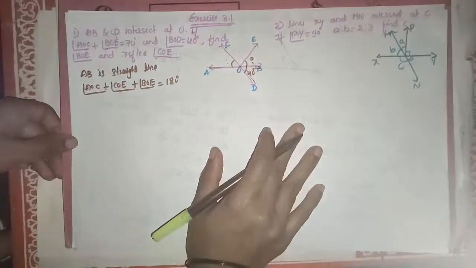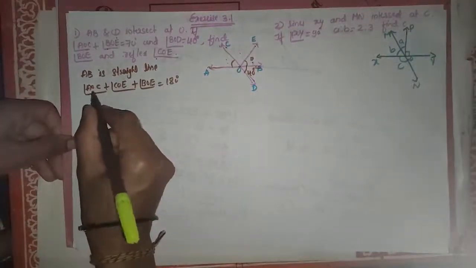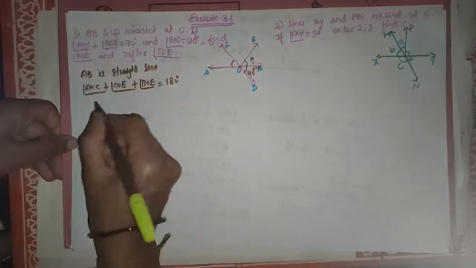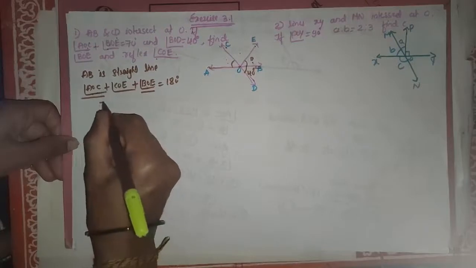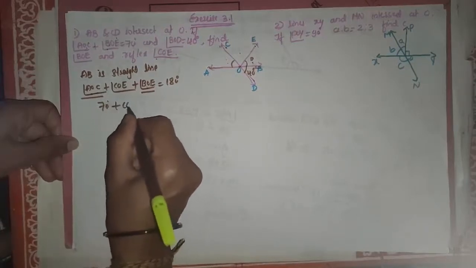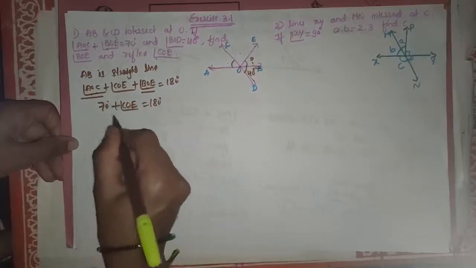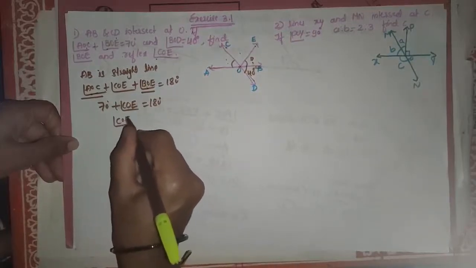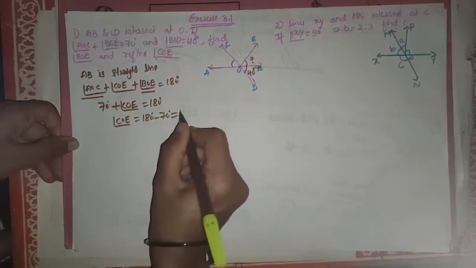Okay, so now here we know that AOC plus BOE, the sum of these two is 70 degrees, plus COE equals 180. Okay, then COE equals 180 minus 70. This equals 110.